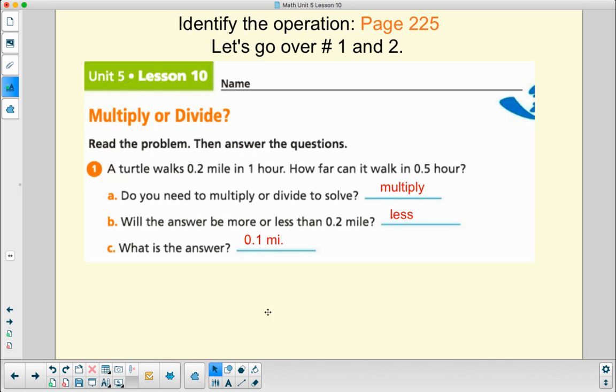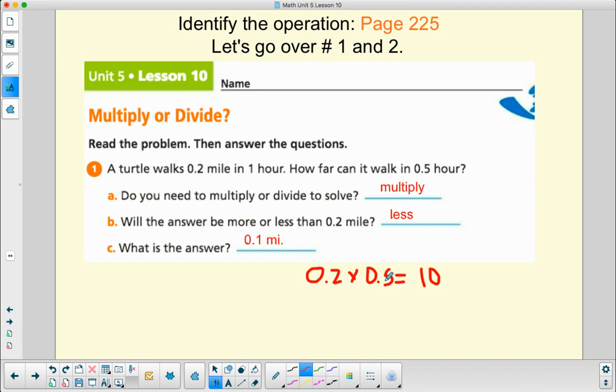Let's take a look at that. 2/10 of a mile multiplied by 5/10. Well, I multiply as if I have no decimals. 2 multiplied by 5 is 10.